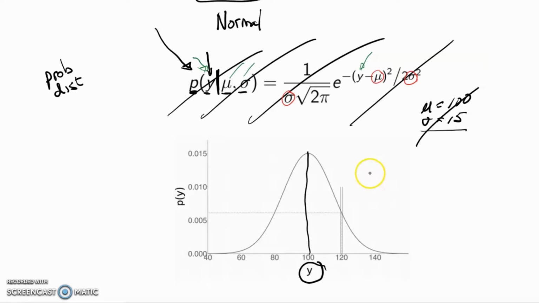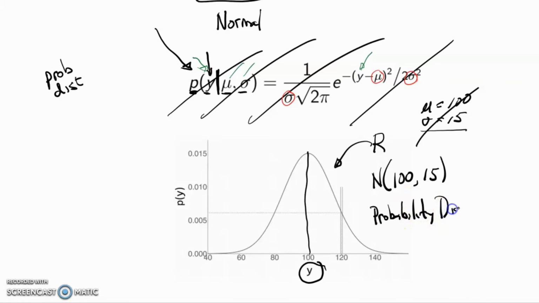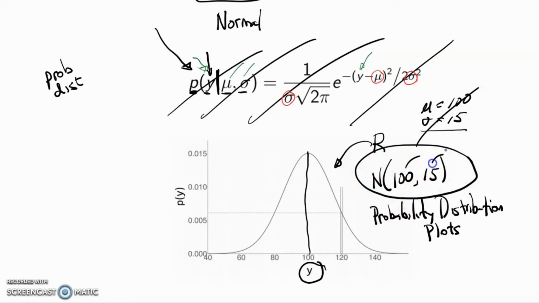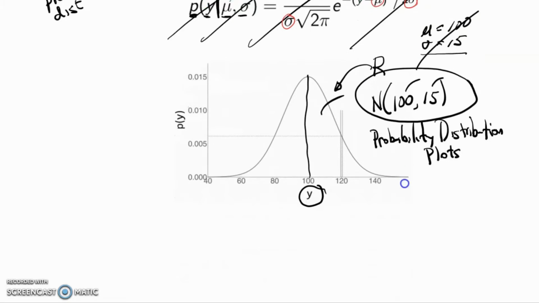We just specify a normal distribution with mean 100 and standard deviation 15, and if you ask R nicely, it will produce a plot like this. In week 1 on eClass, there's a PDF called Probability Distribution Plots with code that lets you specify mu and sigma and get a nice plot like that. So that's the warm-up.